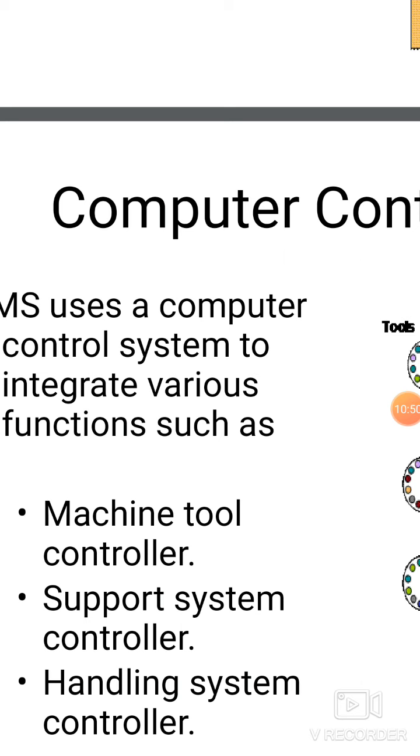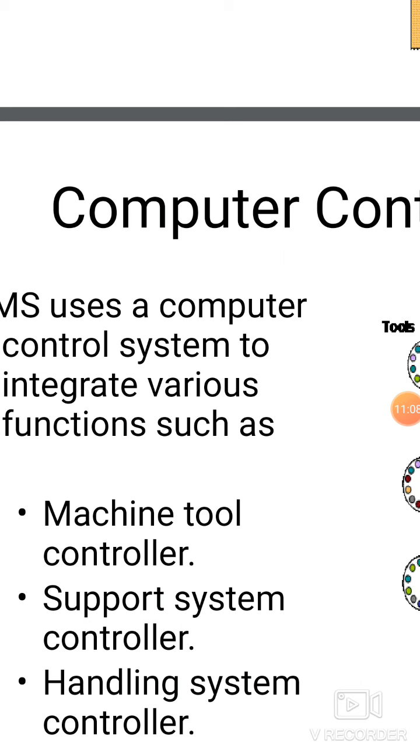The computer control system is used to coordinate the activities of the processing stations and the material handling system.